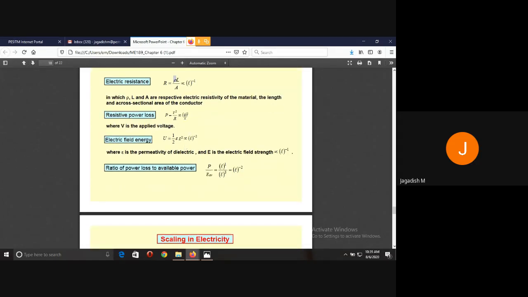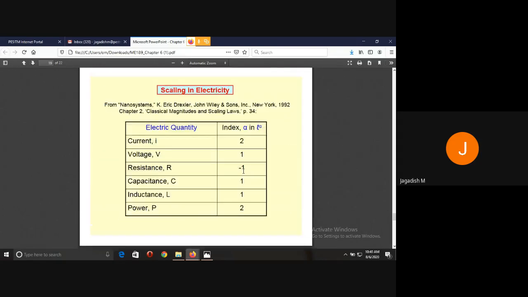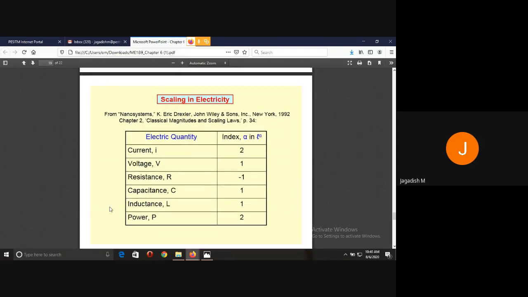So the applied voltage, it is V squared by R. In electric field energy, once again half epsilon E squared, so it should be L to the power minus 2. Now the ratio of power loss to available power, P by E_B, it is once again L by L cube, which is equal to L to the power minus 2. So these parameters you need to remember.